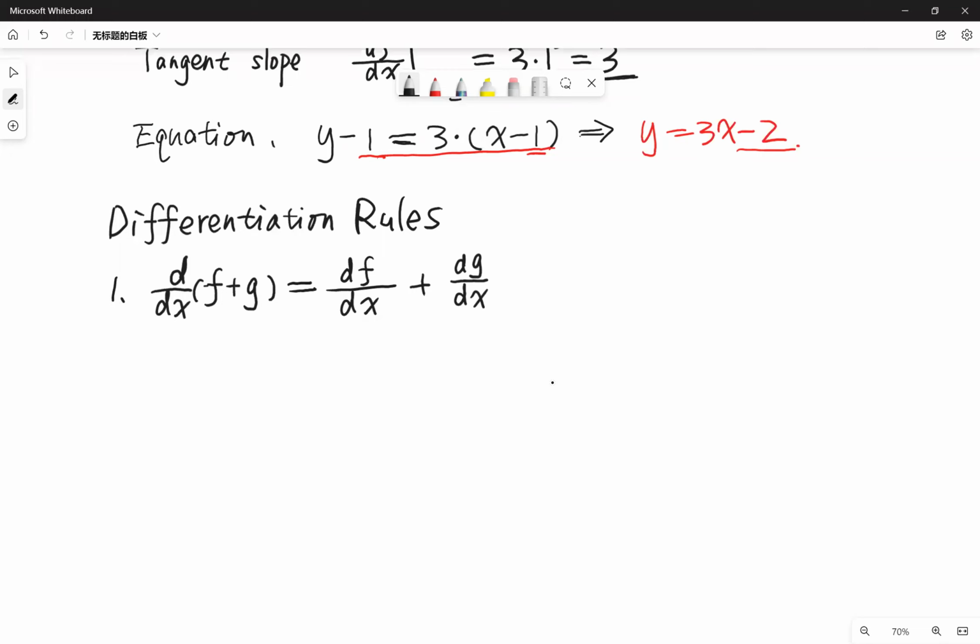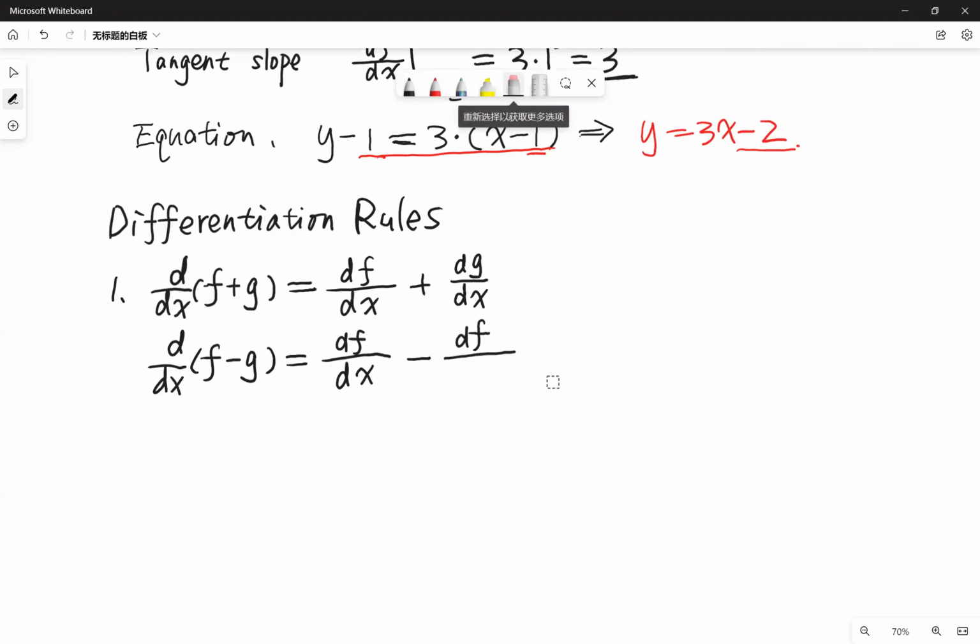And also we have the difference rule. For the difference of f and g, the differential of f minus g by dx equals df by dx minus dg by dx.